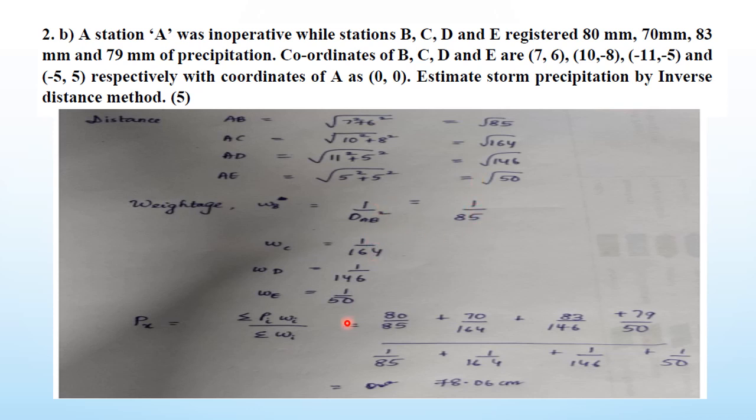In the inverse distance method, the formula is sigma P1 W1 by sigma W1, where P1, the first precipitation value, is 80 mm. So 80 into 1 by 85 plus 70 into 1 by 64 plus 83 into 1 by 46, and so on, divided by the sum of all the weightages, will give you 78.06 centimeter.